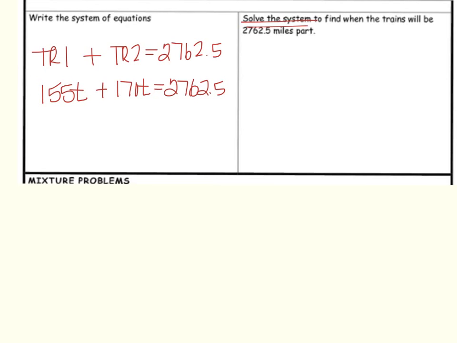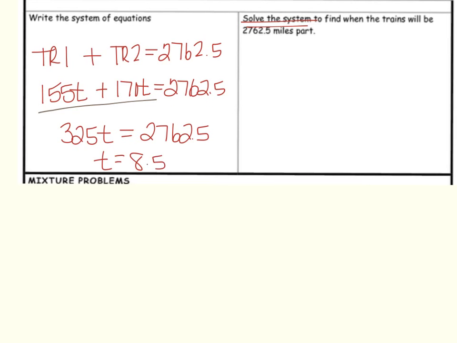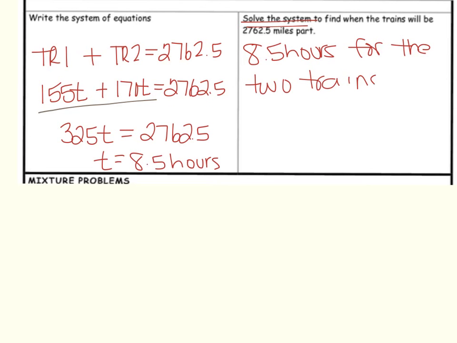We're going to solve this system. 155 plus 170 is 325t equals 2,762.5. Divide by 325 and we get a time of 8.5 hours. So it takes 8.5 hours for the two trains to be 2,762.5 miles apart.